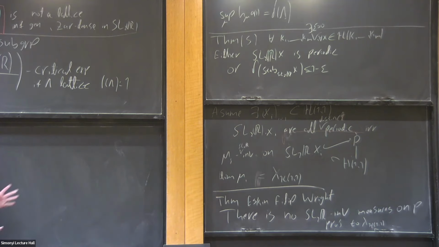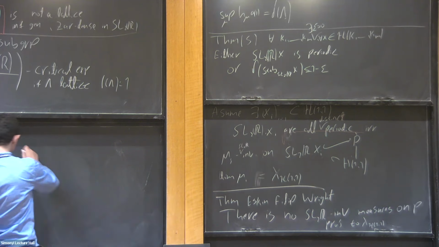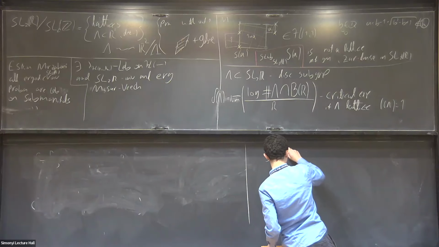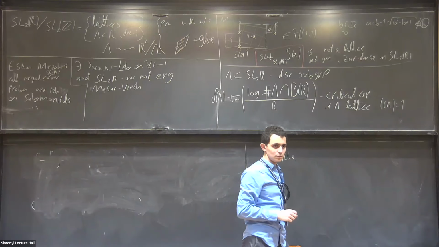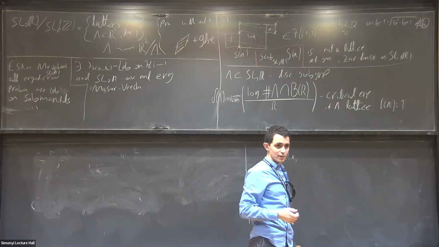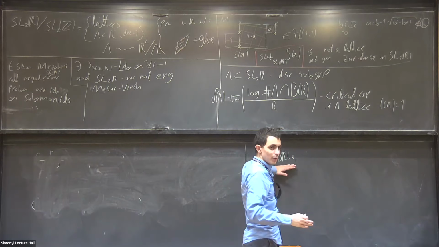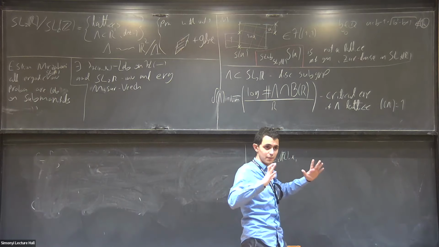So now let's assume to the contrary that there are infinitely many orbits SL2R xi. If there's finitely many, then you don't know that delta is strictly less than one for each of them. Maybe there is one for all of them, but then the sequence of orbits will be just the constant orbit of one fixed orbit.